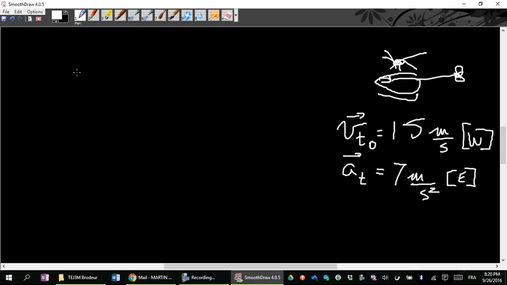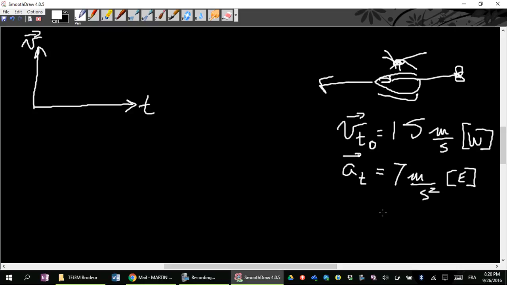Okay, so let's think this through. So it's going west, and the acceleration is east. So if we do a quick velocity graph, it's going to have this general shape. Now, we know that it's an acceleration that's uniform, but it's a negative acceleration, right?